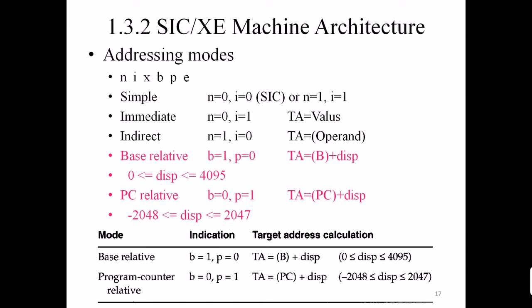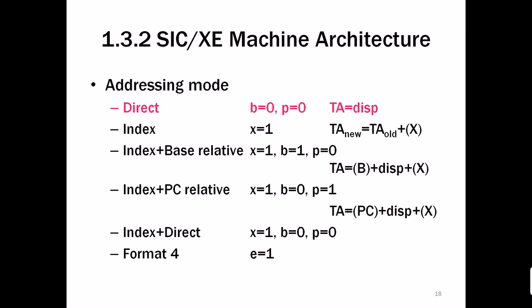The displacement value can range from minus 2048 to 2047. Next, direct addressing mode, when b equals 0 and p equals 0: the target address is equal to the displacement value.